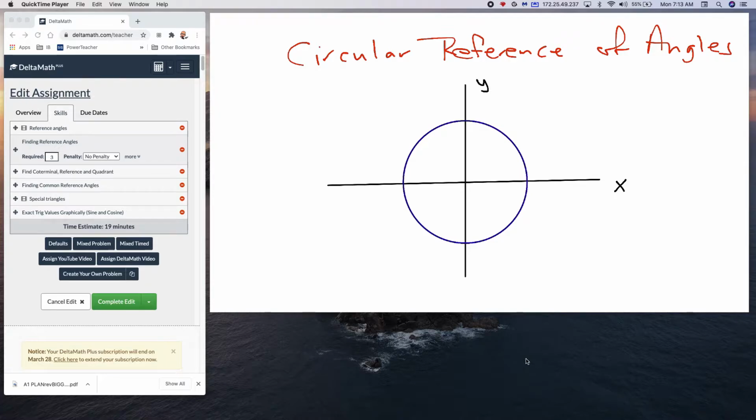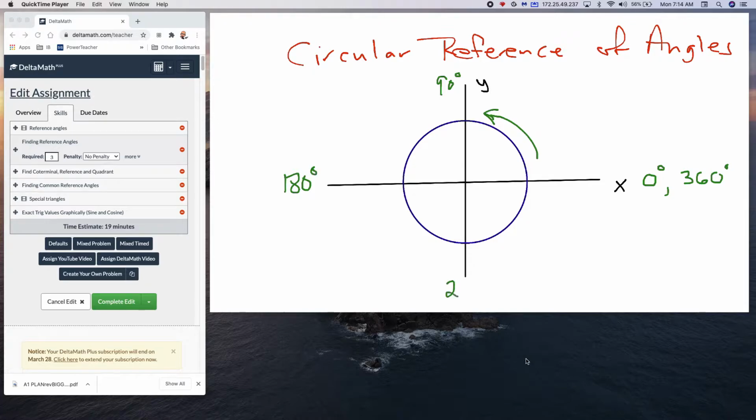Think about the angle measures. We're going to call this 0 degrees, and if you go all the way around the circle, we're back at 360 degrees. Now, we're always going to be moving in a counterclockwise direction. So this is 90 degrees. This is 180 degrees. So all triangle measures are going to be within those.